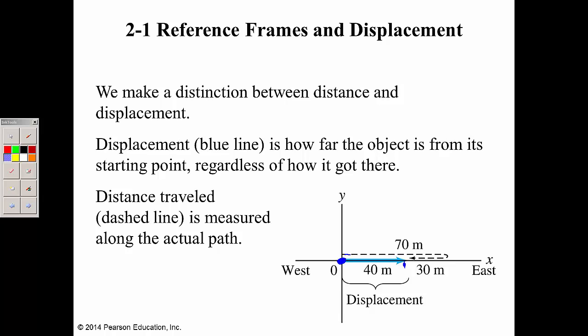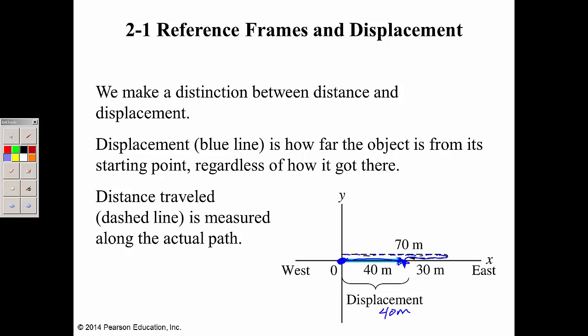But in order to go there, you need to go up the road, make a U-turn, come back around, and pull into the parking lot. Now, your displacement is how far you are from the stoplight, and that's this blue arrow right here. Your displacement, in this case, would be 40 meters.